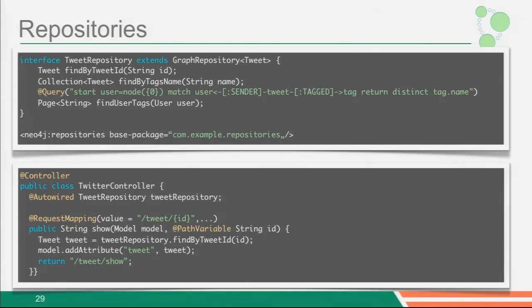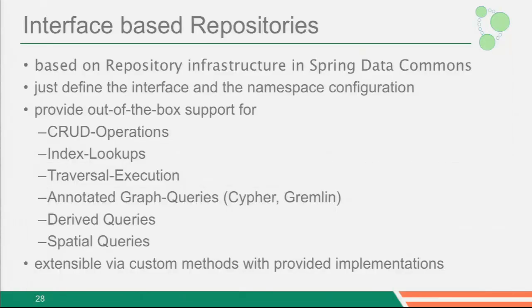So it works by creating an interface that extends an interface that we provide, which is bound to a certain type. In this case, it's a tweet. And if you don't have any methods in this repository, you still get all the things I just mentioned, all these operations out of the box.